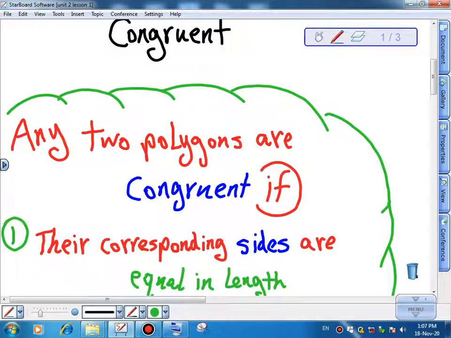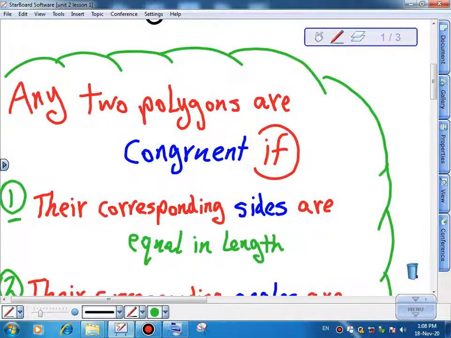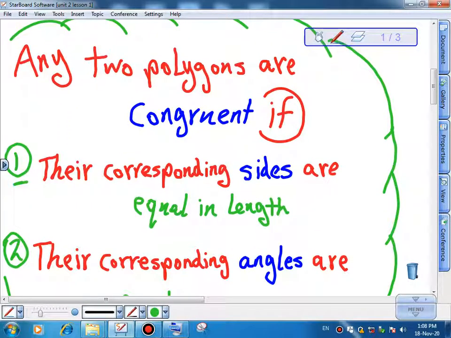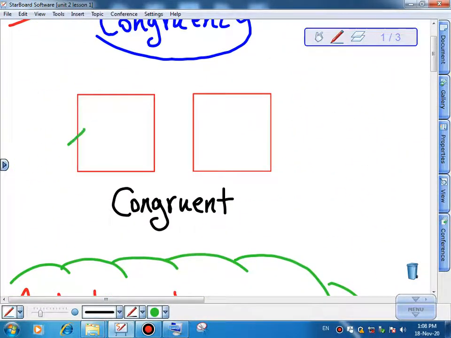Okay, so any two polygons are congruent if, in the first case, their corresponding sides are equal. What's the meaning of corresponding side? If I take this side, the corresponding side in the other square will be this side. These are called two corresponding sides.